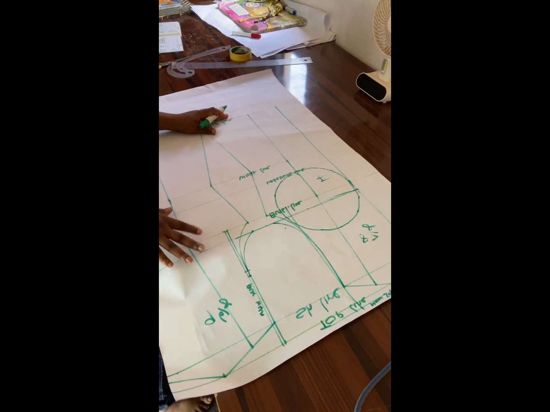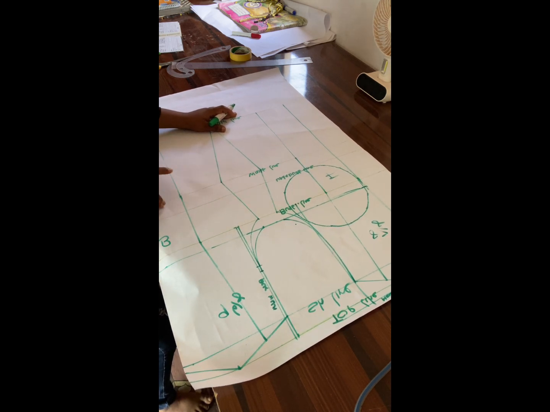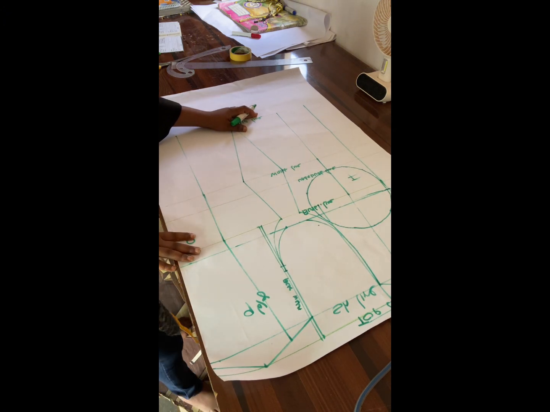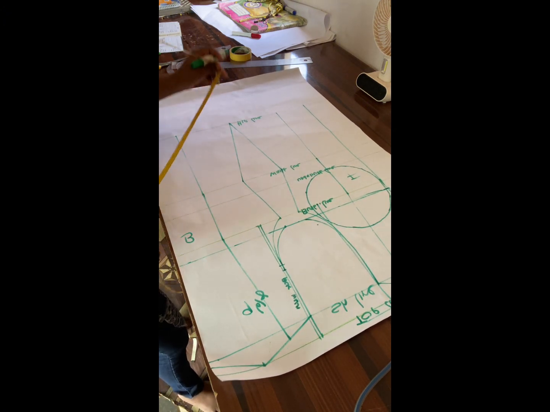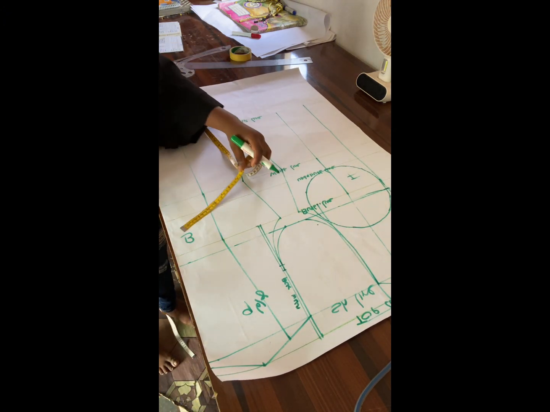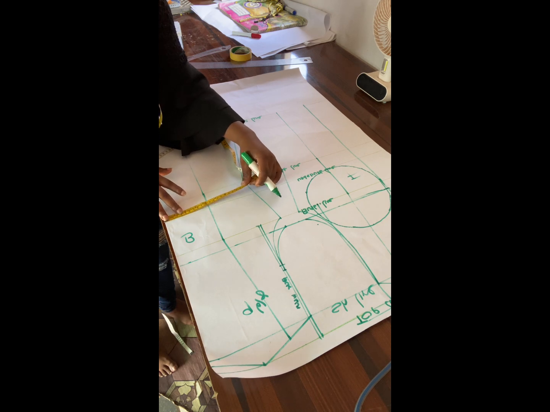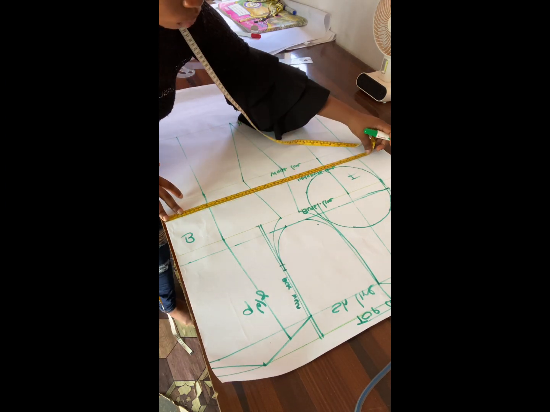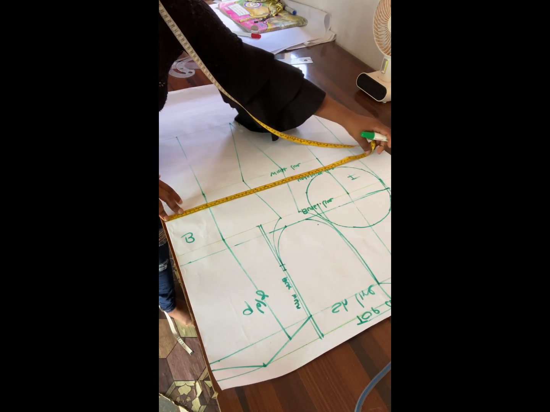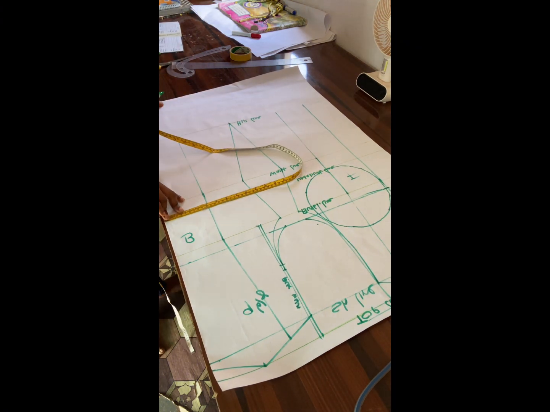After getting this, the next thing we are going to do is get the bust difference between the paper and the actual measurement. So what are we going to do? We are going to measure 21, and my under bust circumference is 32.